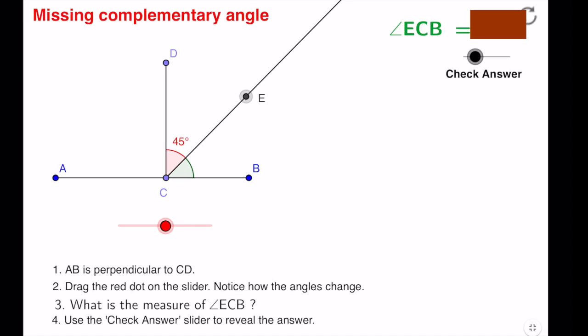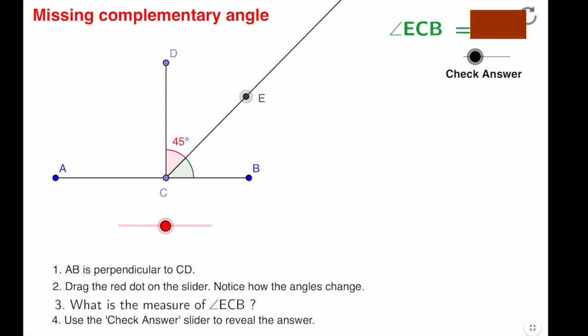We have a cross section of the two line segments, and they intersect at C, and we have an angle formed that's 45 degrees. So that's angle ECD, and that says it's 45. But what would be angle ECB if you're looking up at the top right? That's where we're going to check it in a moment.